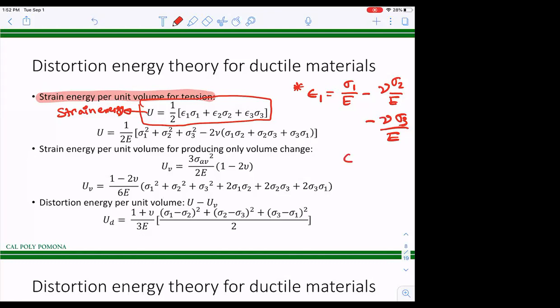Similarly, if you want to write epsilon 2, you can write it as minus mu sigma 1 over E plus sigma 2 over E minus mu sigma 3 over E.